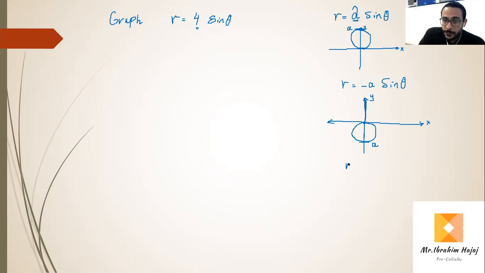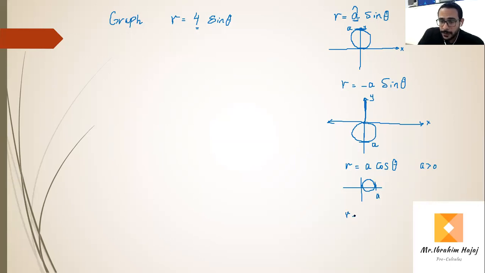For cosine, if your equation is r equals a cosine theta, your graph will quickly be along the x-axis. If a is positive, greater than 0, your circle will be like this. And here is still a, and the diameter is a, okay?